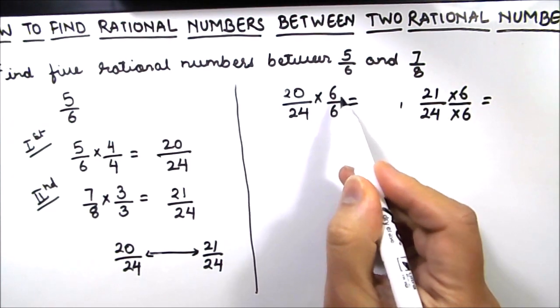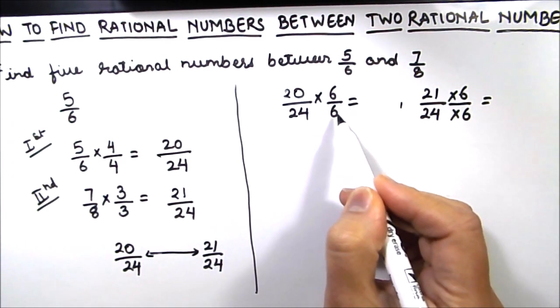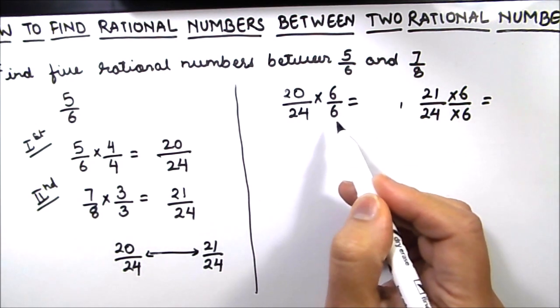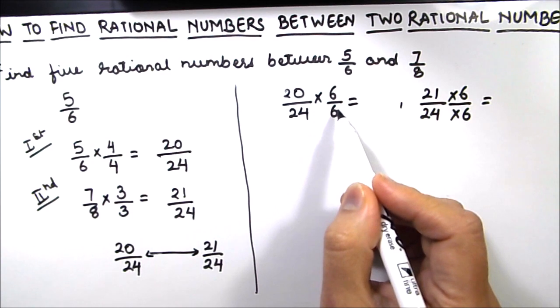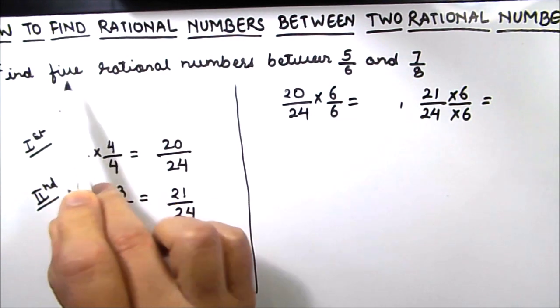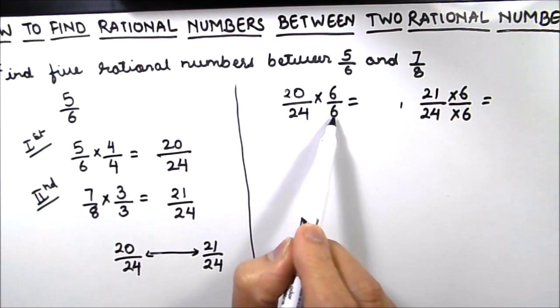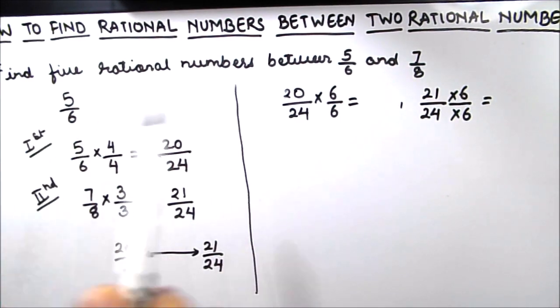As these are fractions, we are multiplying by 6 over 6. Numerator and denominator both we have to multiply by the same number. And we have taken 6 because we need to find 5 rational numbers in between the two fractions, so we take a number which is more than 5.